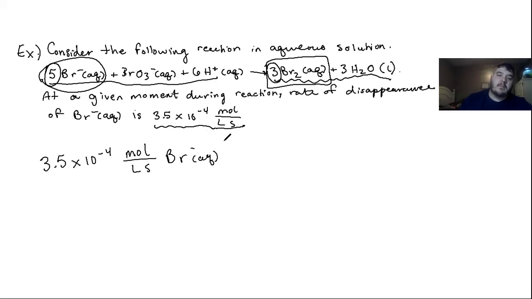In order to do so, I'll create a little conversion table. So we see that for every 5 moles of bromide, notice I'm putting it in the denominator because I have to cancel it, and up here it's in the numerator, for every 5 moles of that, I'm going to get 3 moles of diatomic bromine.